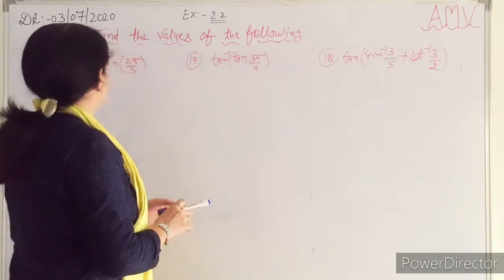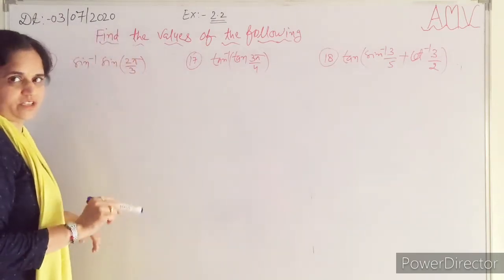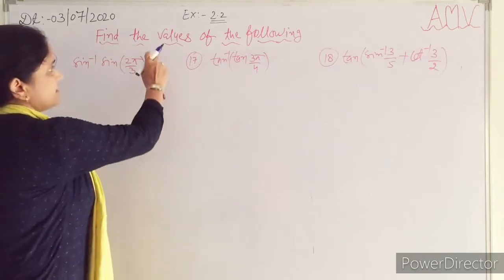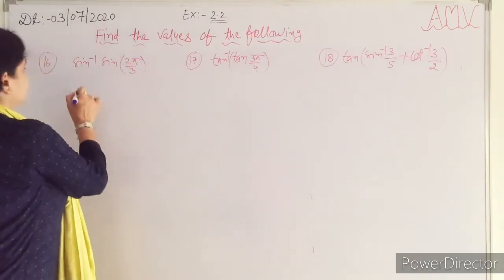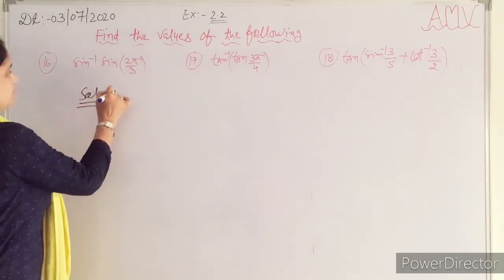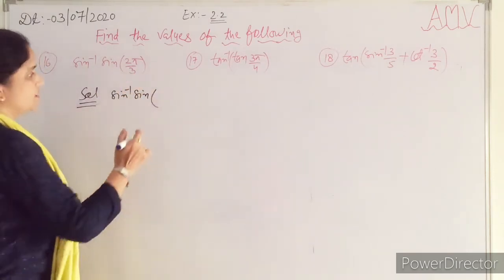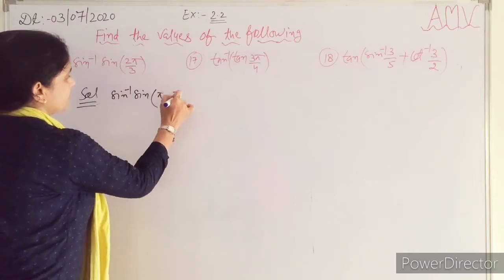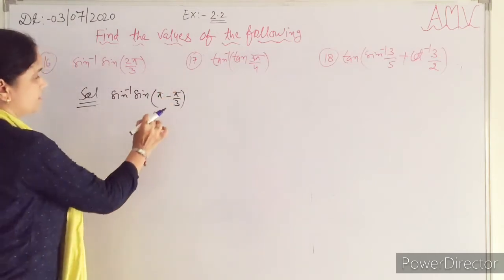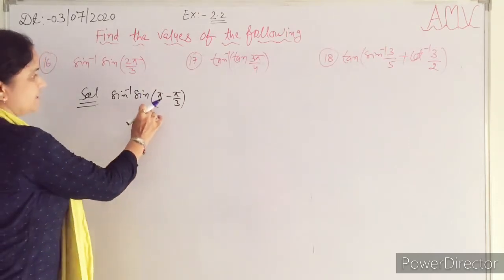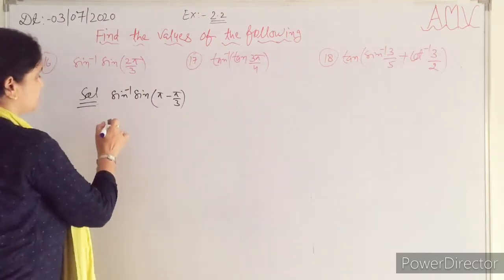The next question, question number 16. It's sine inverse sine 2 pi by 3. Find the values. Okay student. So for this question, sine inverse sine 2 pi by 3, we can write it as pi minus pi by 3. Pi minus pi by 3 is in the second quadrant, and sine is positive in this quadrant, student.